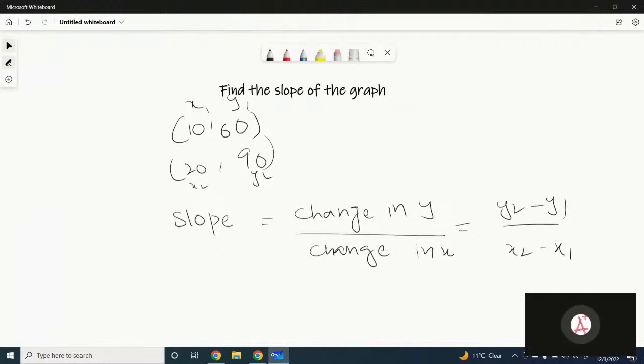Here y2 is 90 and y1 is 60, so it would be 90 subtract 60. And the x values are 20 subtract 10. Got it? So 90 subtract 60 is 30 and 20 subtract 10 is 10. So 30 divided by 10 is 3. That means the slope of the graph is 3. Got it, everyone? So the slope of the graph is 3.